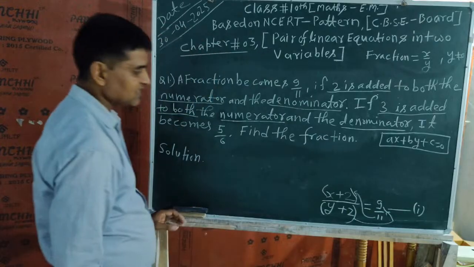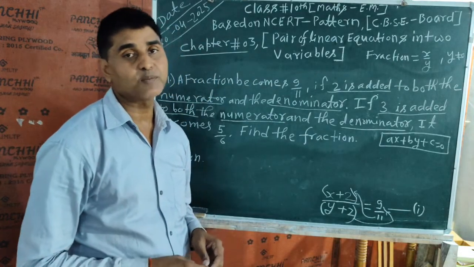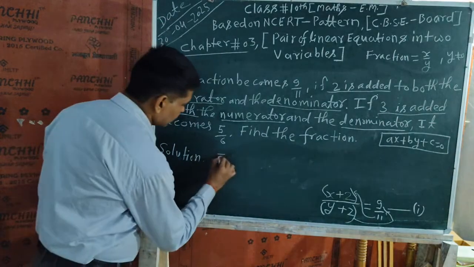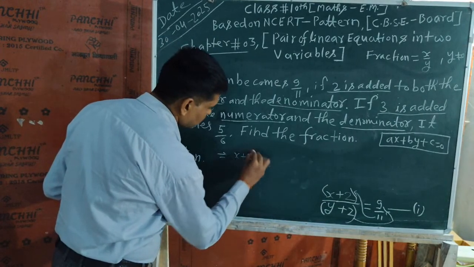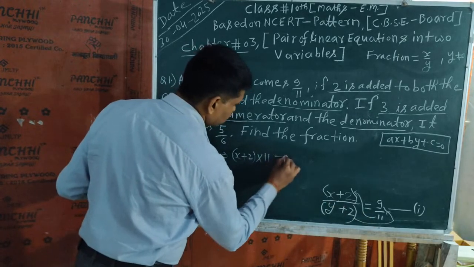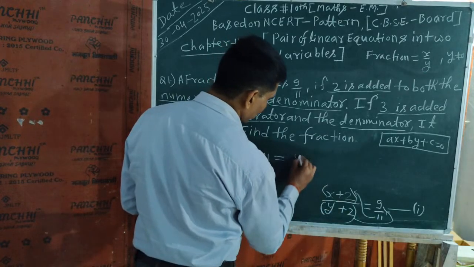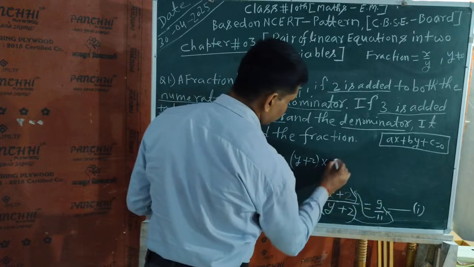After multiplication I will get its value, here I will use the concept of cross multiplication. So further I am going to write, implies that x plus 2 multiplied with 11 is equal to, the equal sign is given, so here y plus 2 multiplied with 9.